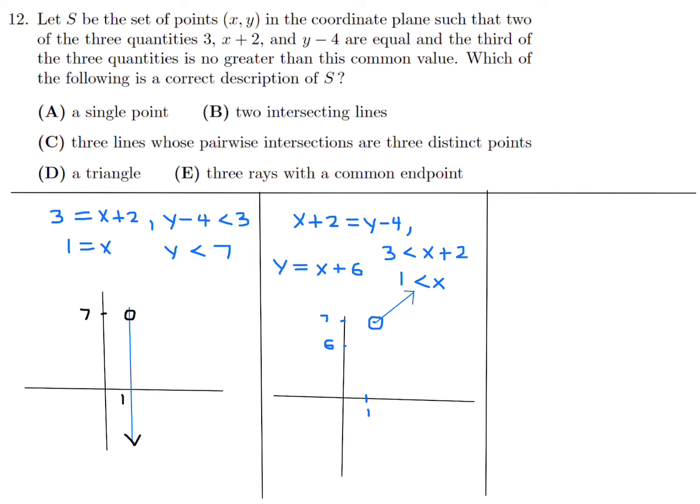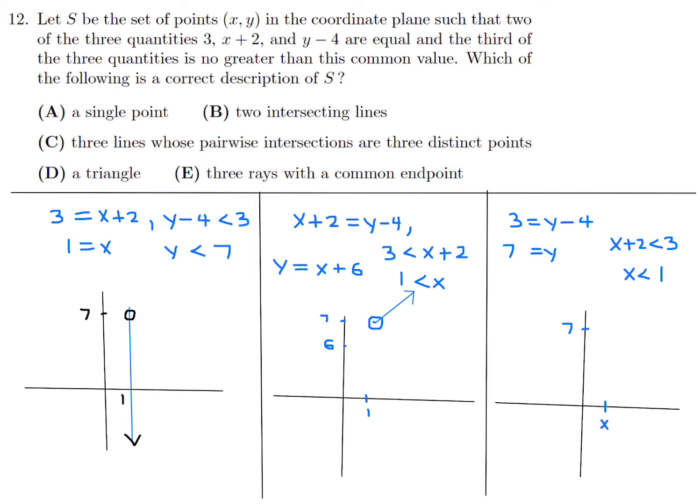And then the final one is when we have 3 equal to y minus 4, and then x plus 2 is less than 3. So that means y is equal to 7 and x is less than 1. So graphing this, we get the following. y is equal to 7, so approximately here. x is less than 1, so here.